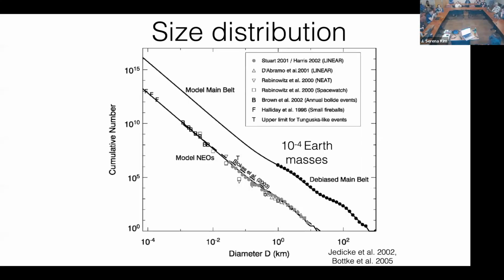So these objects follow a size distribution that is somewhat consistent with this classic Dohnanyi result, where you have a collisional cascade that produces an exponential size distribution, where you have many, many fewer smaller objects than larger objects. The biased main belt is more or less complete to about 1 kilometer, but we can somewhat understand the size distribution at smaller sizes based on the near-Earth asteroid population.